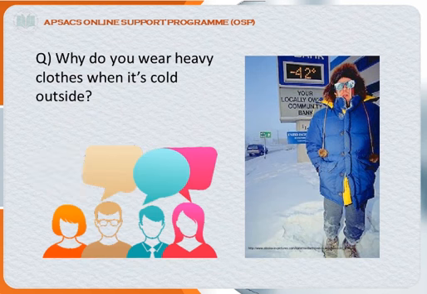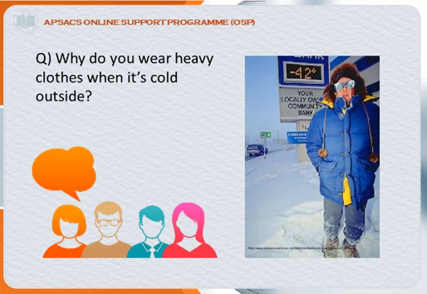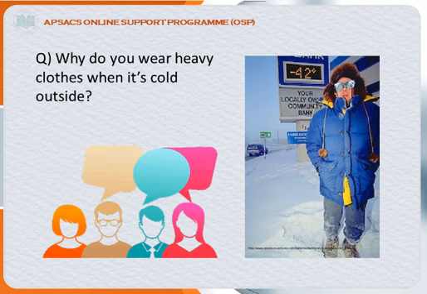Question: why do you wear heavy clothes or warm clothes when it's cold outside? Because it keeps the heat of the body inside. No matter what it feels like, cold doesn't transfer into your body.